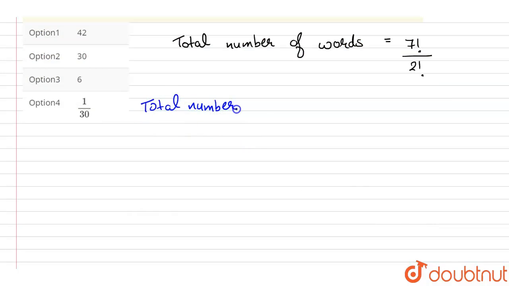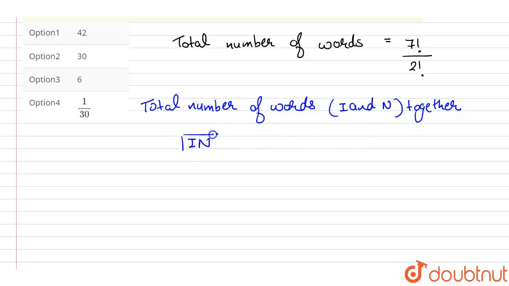If we place I and N into a single block, we are left with the other letters T, E, G, E and R. If I N is considered to be a single letter, we are left with these 5 other letters, so in total there will be 6 letters.